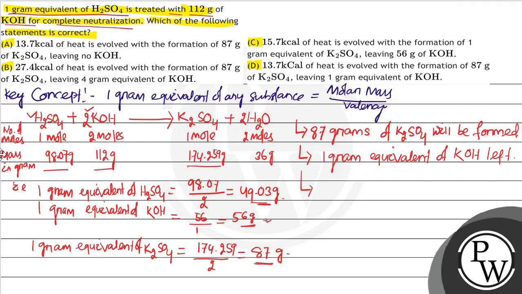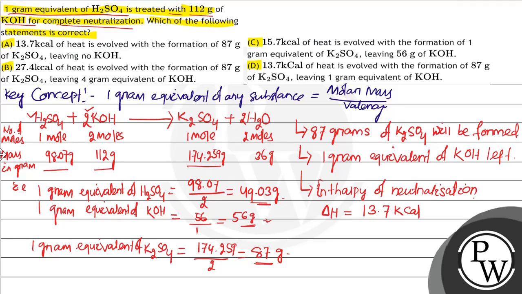As sulfuric acid is a strong acid and potassium hydroxide, that is KOH, is a strong base, the enthalpy of neutralization is equal to the enthalpy of formation of water, that is delta H. We can say the formation of water here is 13.7 kilocalorie.